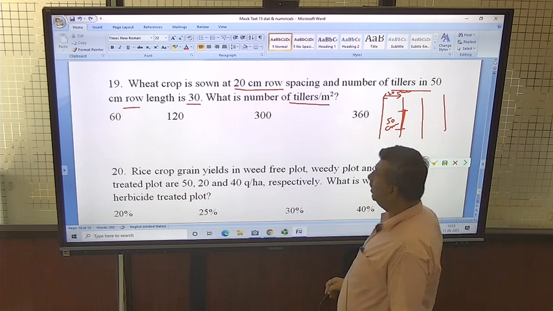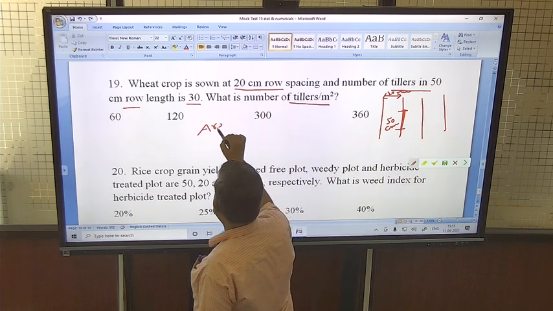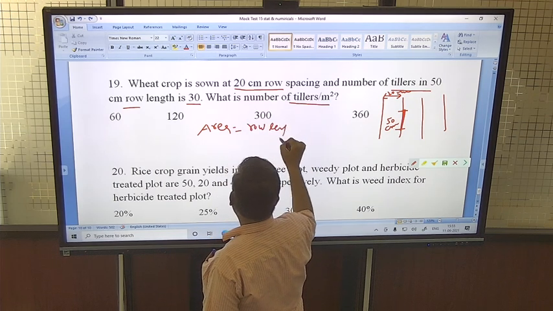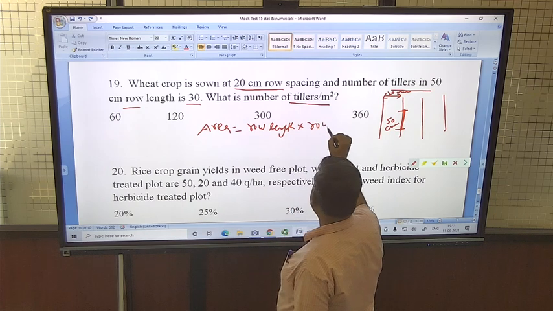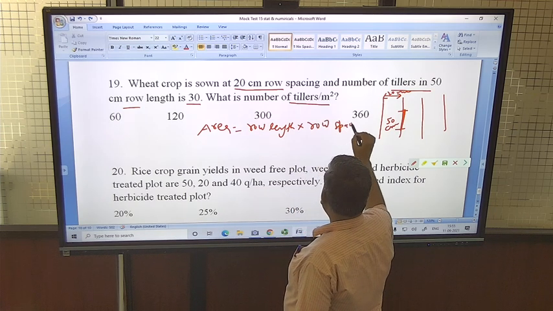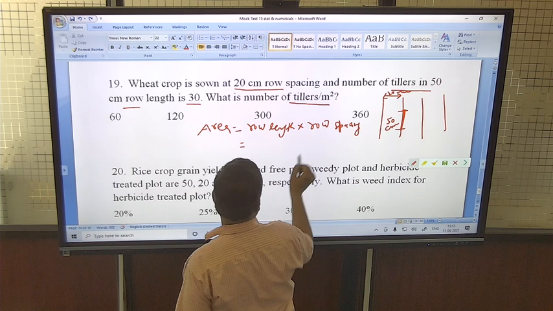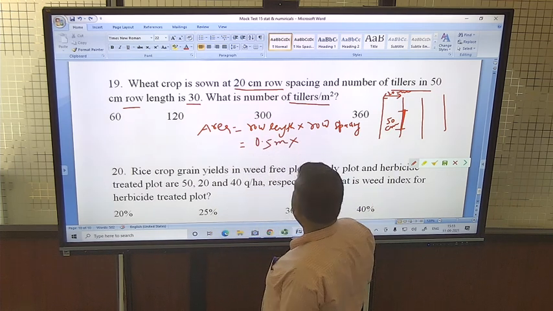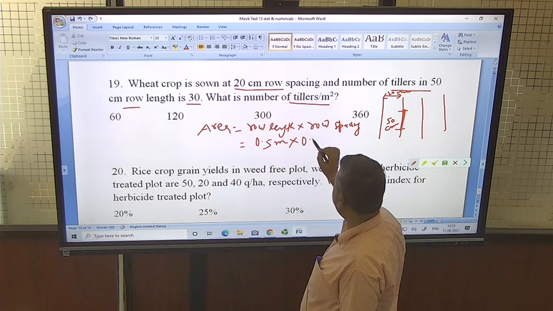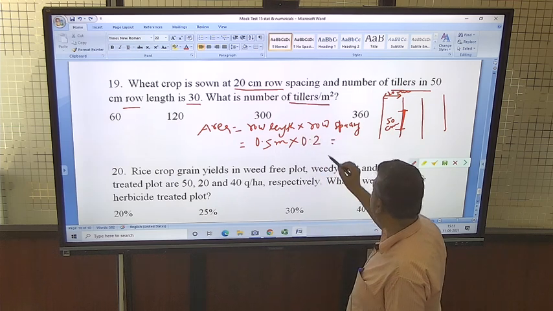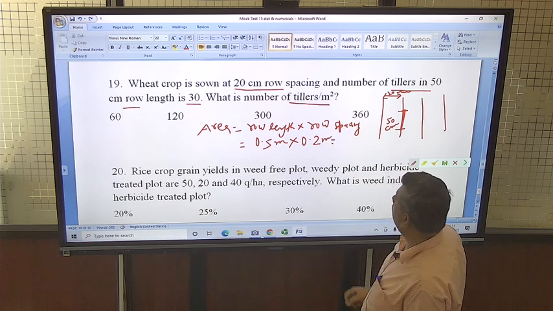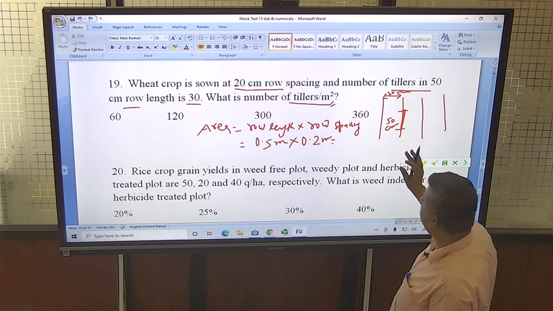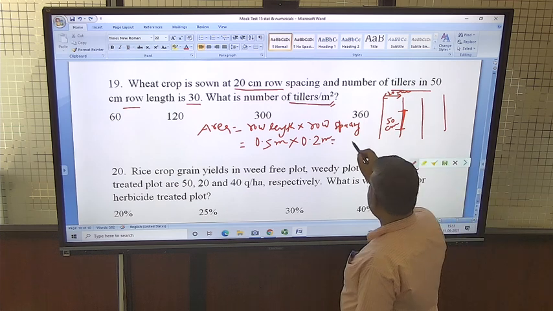In such a type of spacing question, area is row length multiplied by row spacing. So here row length is 50 centimeter, converted into meter, 0.5, and spacing is 20 centimeter, converted into meter, 0.2. Because the question is asked in square meter, we have to convert the spacing into meter.